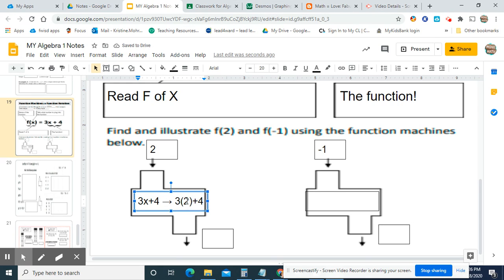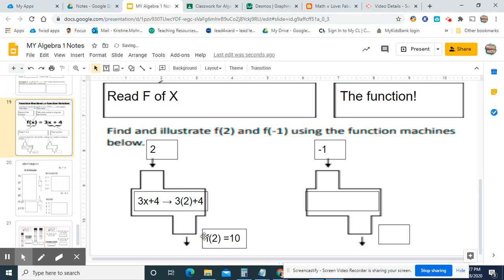So 3 times 2, we get 6. 6 plus 4, we get 10. So how we really write it is f of 2 equals 10, so it fits in one line. When we put 2 in, f of 2 equals 10.